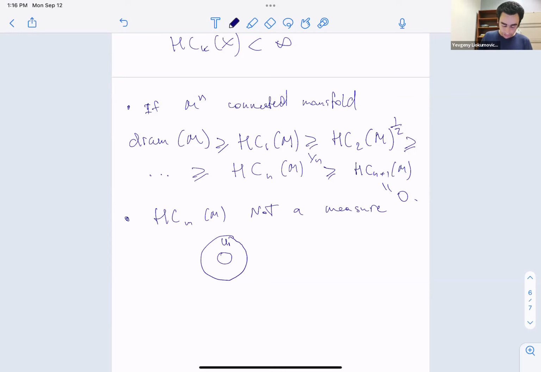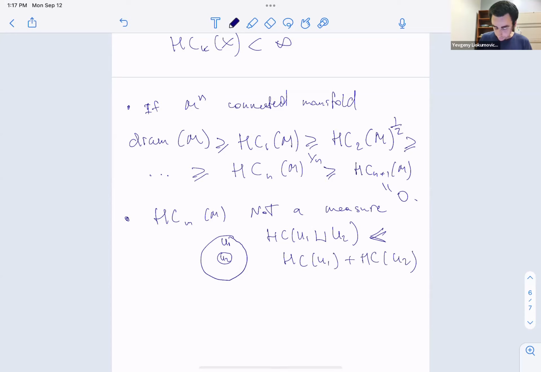So this is U1 and our small disk will be U2. Then it's easy to see that the Hausdorff content of U1 disjoint union U2 is not equal to the sum of the Hausdorff contents. In fact, it's strictly smaller than the Hausdorff content of U1. It is just going to be equal to the Hausdorff content of U1.